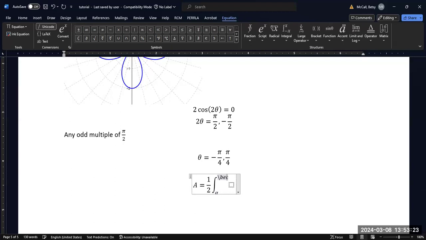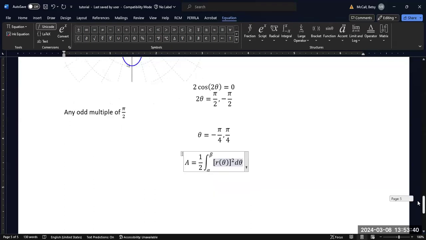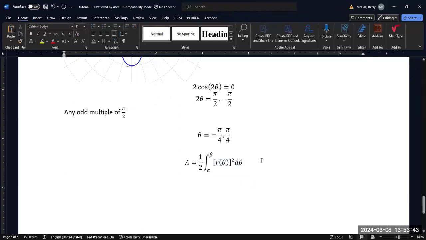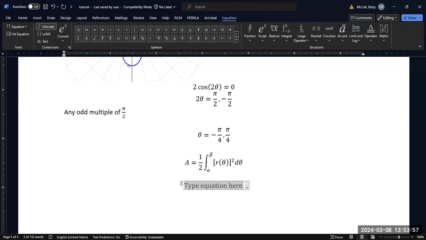Greek letters are often used for our angles, of r of theta squared d theta. Now this formula may seem a little odd, but after you take multivariable calculus, it will be entirely clear as to why this formula in one variable has to be this way. But for right now, I'm just going to leave it. That is the formula we need to use.